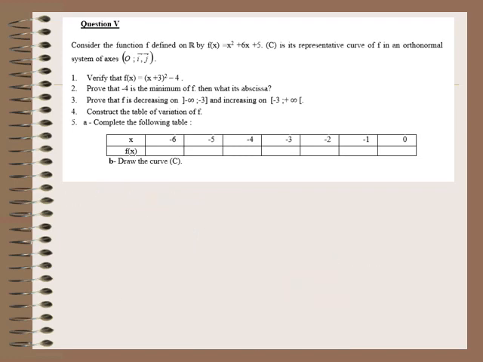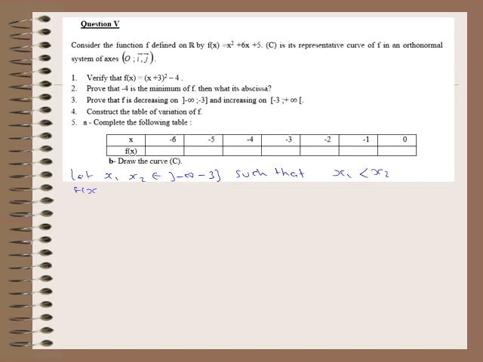Prove that f is decreasing on (−∞, −3] and increasing on [−3, +∞). So we write: let x1, x2 belong to (−∞, −3] such that x1 is less than x2.